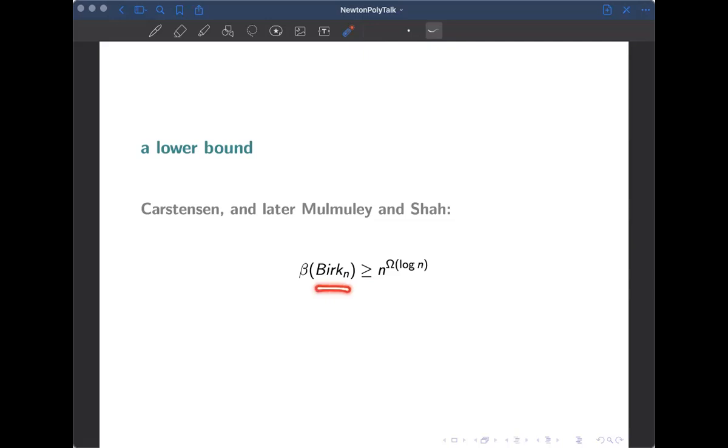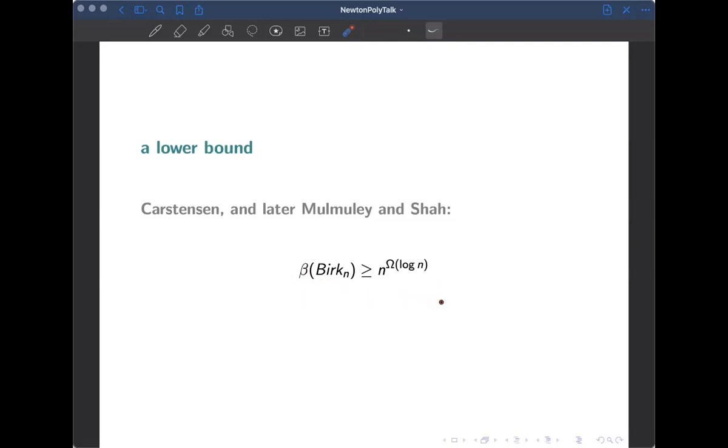The Birkhoff polytope corresponds to finding the maximum matching in a weighted graph. This is the maximization problem. The number of breakpoints of this maximization problem is super polynomial. This was proved by Carstensen.